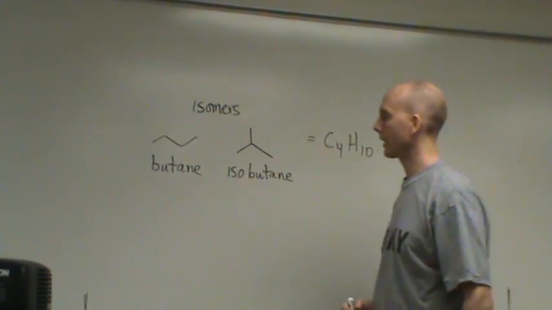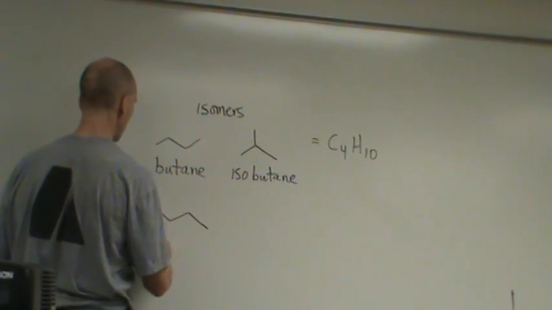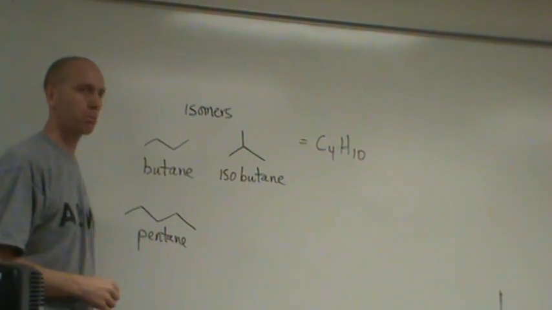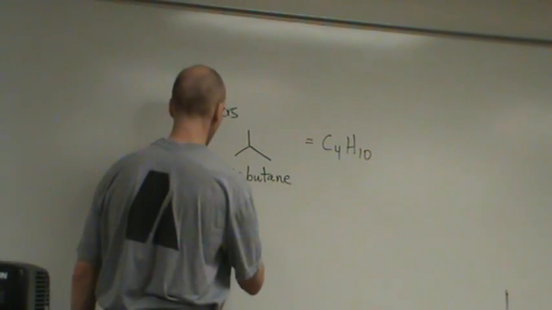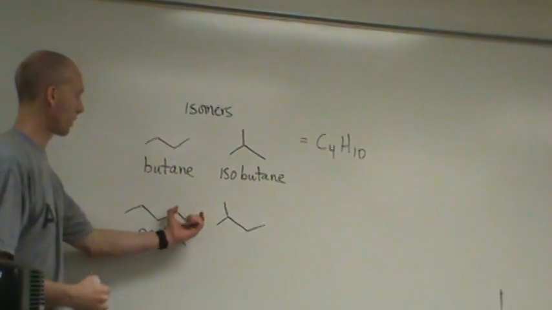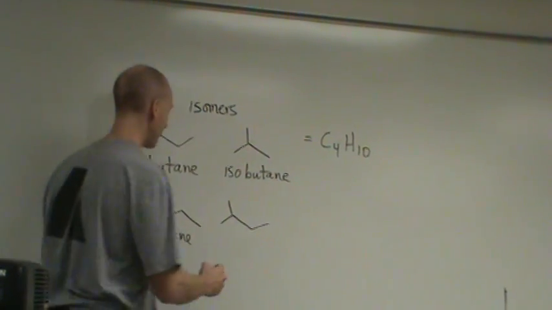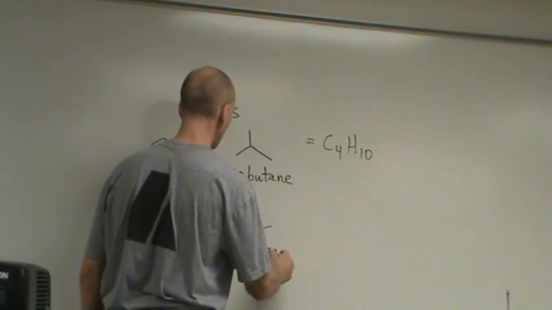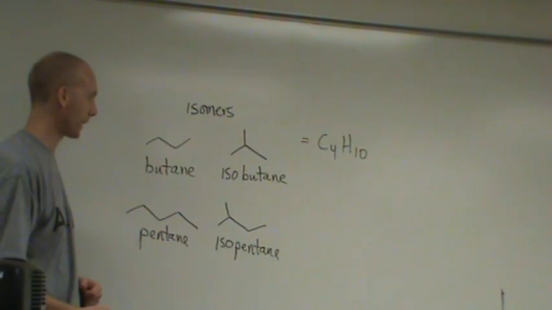If you went on to the next longer molecule, you would have pentane, for example. If you created an isomer of pentane, you could yank off a carbon and create a branch in there, and create the isomer of pentane, sometimes called isopentane.